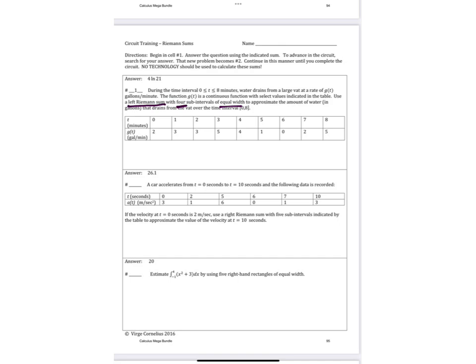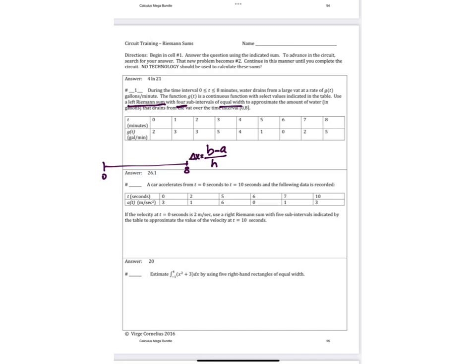Okay? So draw yourself from 0 to 8, maybe a number line. We need 4 subintervals. We can use the fact that it goes from 0 to 8. That's our b minus a. So b minus a over n always tells me delta x, the change in x.